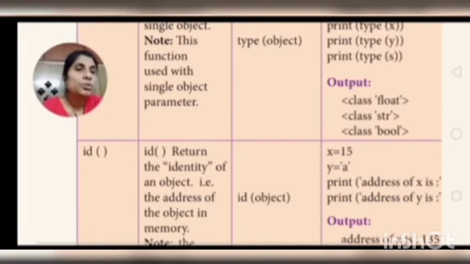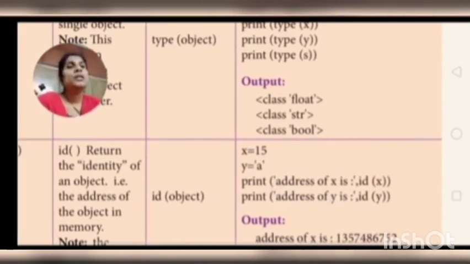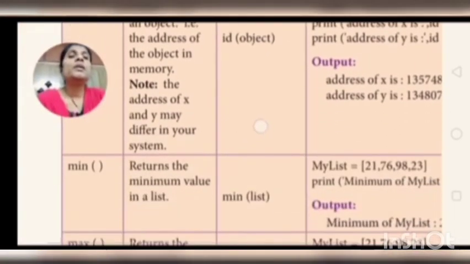We take these two variables and pass them to the function. For both of them, it returns us the address. But in our system, this address is going to be different. Wherever these variables are being stored, that address will be returned to us.